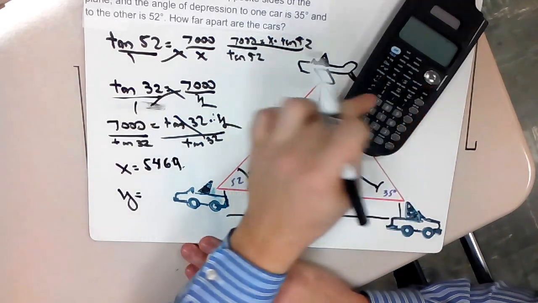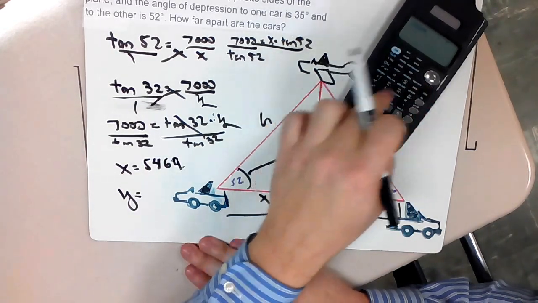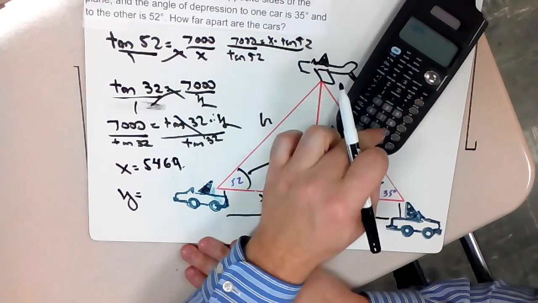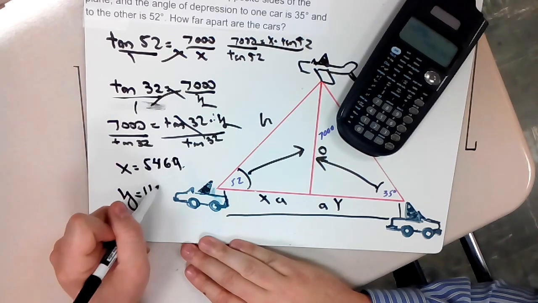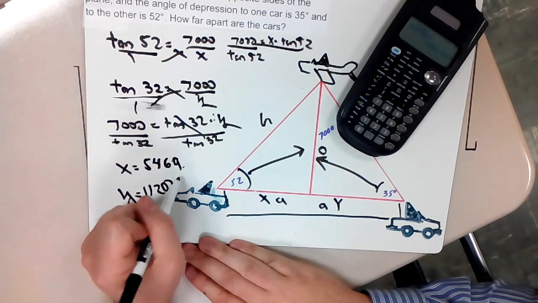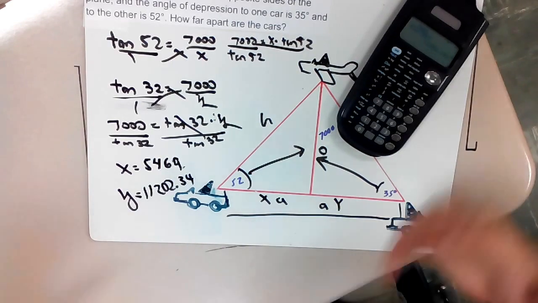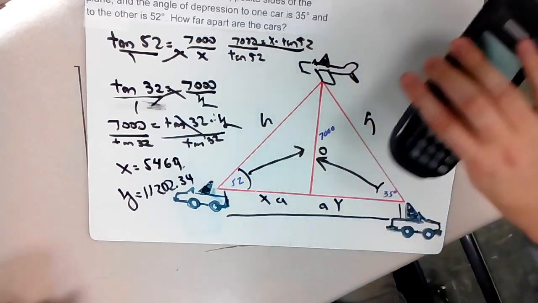The next one is basically the same, except the angle's different. Tangent 32, and that's 11202.34. Just recognize in the end, all you're doing is doing trig twice.